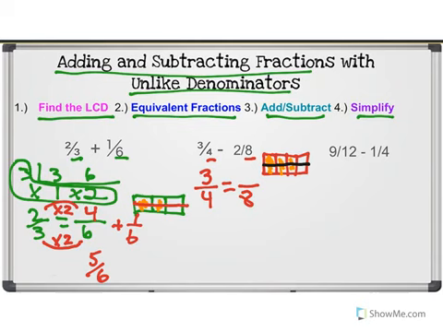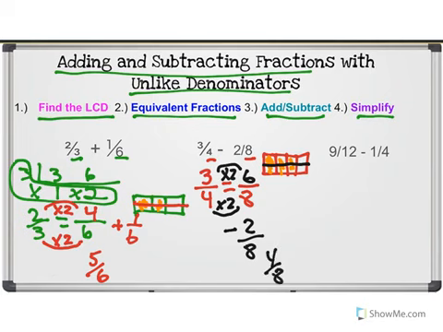And of those eighths, I can see there are 6 shaded in. And again, we're writing an equivalent fraction by multiplying the denominator and the numerator by 2, by doubling it. So now that I have an equivalent fraction here of 6/8, I can easily subtract 2/8. 6/8 minus 2/8 is 4/8.